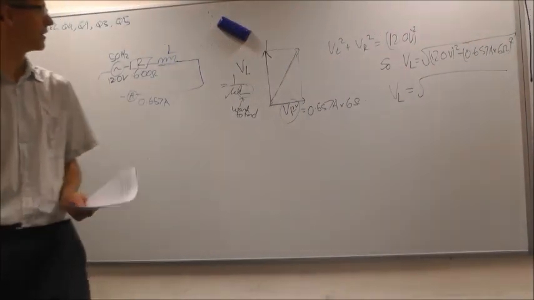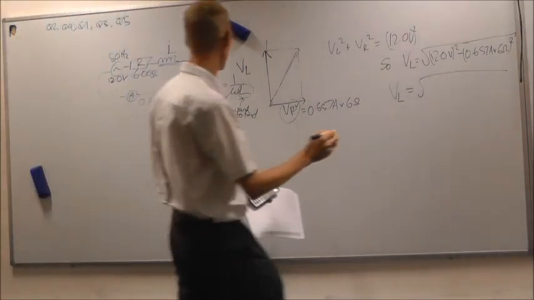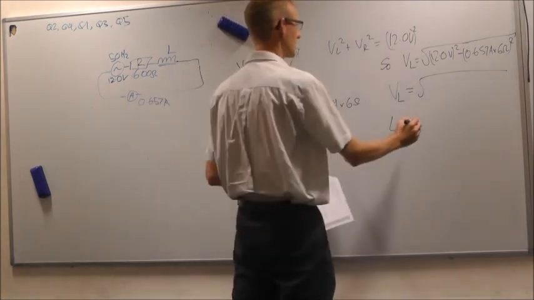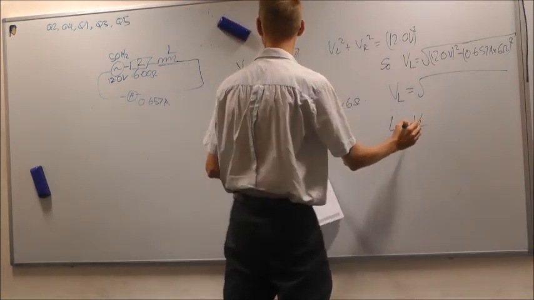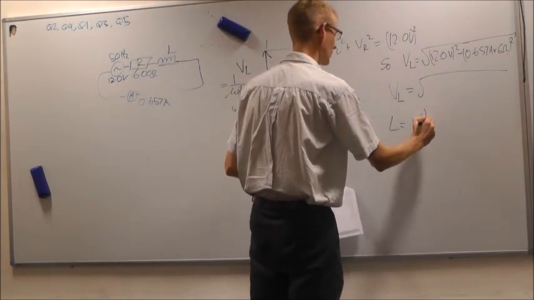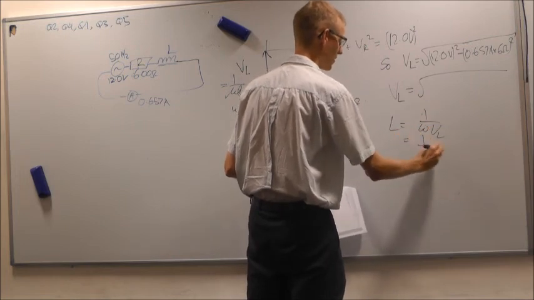So VL equals that, and then L equals 1 over omega times VL, 1 over 2 pi f.